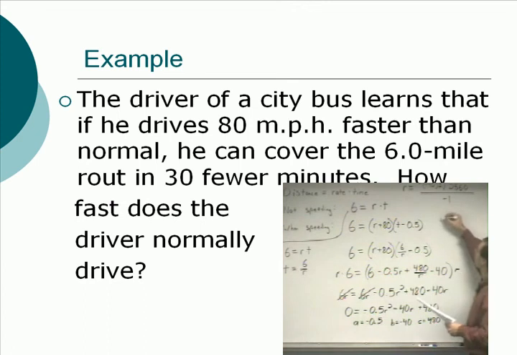And if you do that, r works out too. We get two solutions. Negative 90.596 or 10.596.